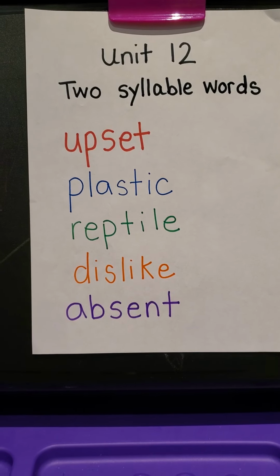So when we are learning how to read the words in school, I would have showed you how to scoop them. So like the first one is nap, k, I, n, kin. So I would say nap, kin.